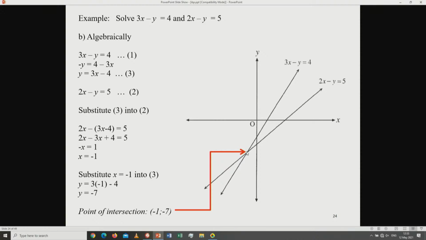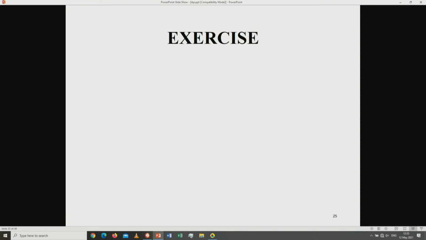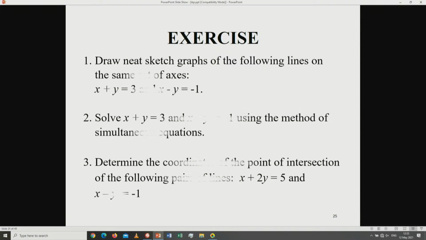Please create 10. Make sure that you master this part. Very, very important. Right, I'm just going to leave this one here for the moment so that you can copy the question: draw a neat sketch graph of the following lines on the same set of axes. Here you are. And from that, you'll be able to read the point of intersection of the graphs.